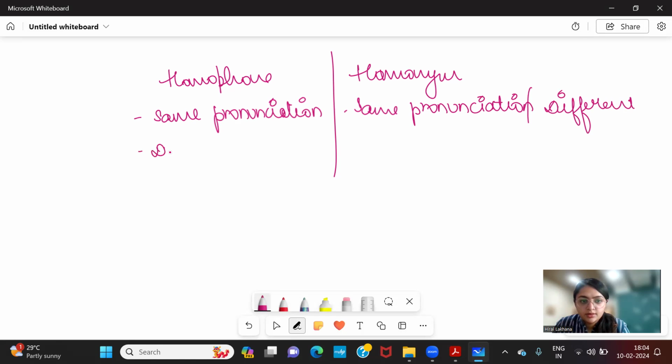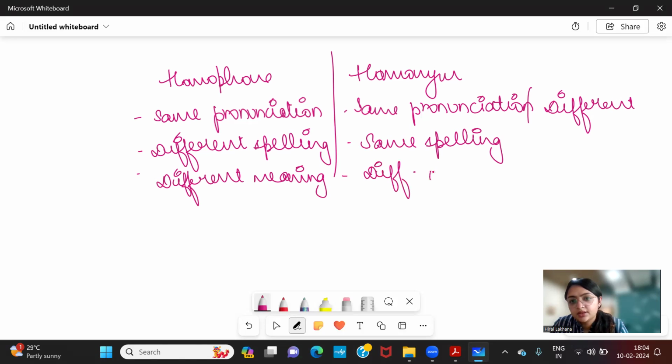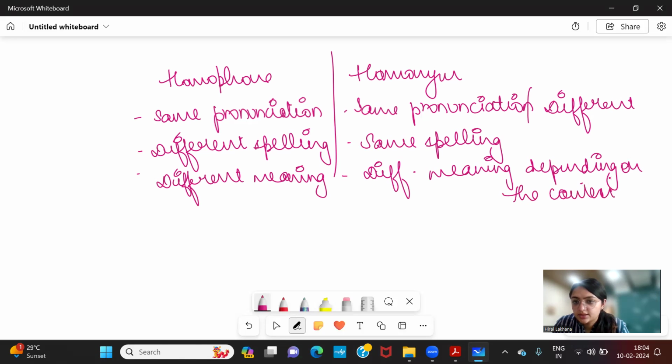Here in homophone, it will be different spelling and different meaning. Here in homonym, it will be the same spelling, and even though the spelling is the same, the meaning will be different depending on the context.